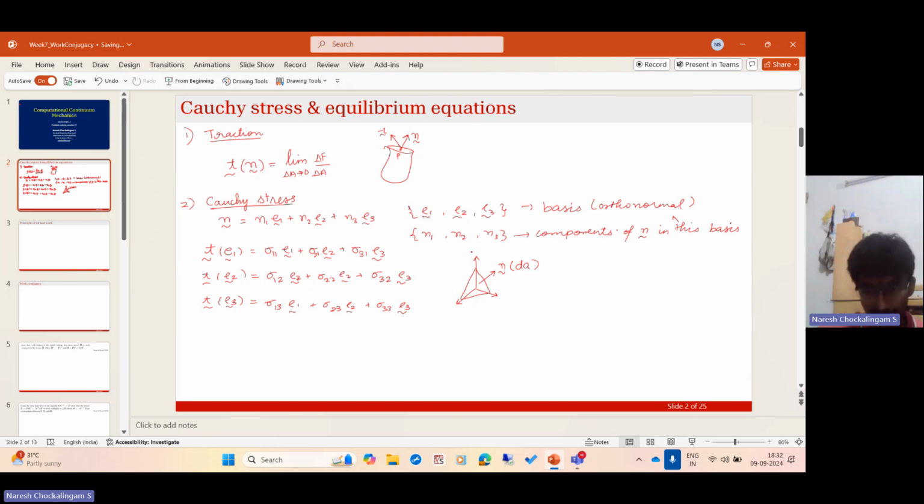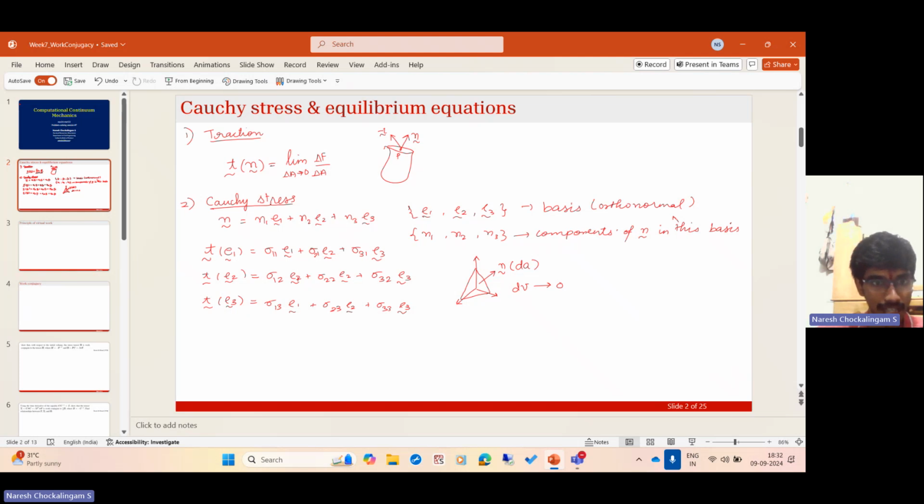Establishing the equilibrium conditions for this tetrahedron and letting its volume tend to 0, we recover a famous relationship between the traction at a point on a specified plane and the Cauchy stress at that point, as follows.